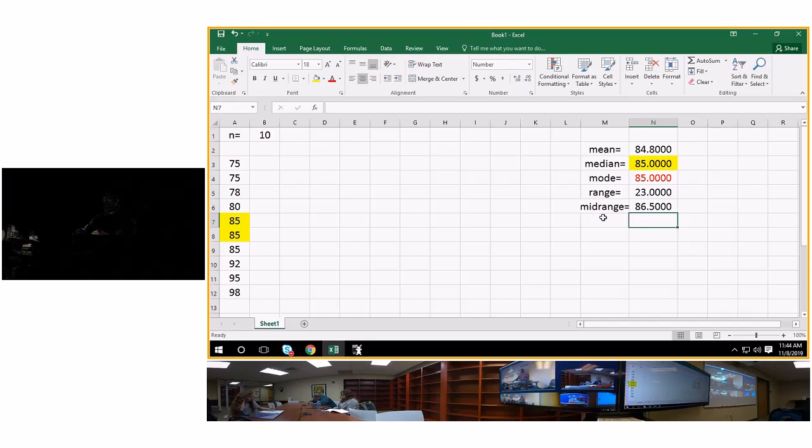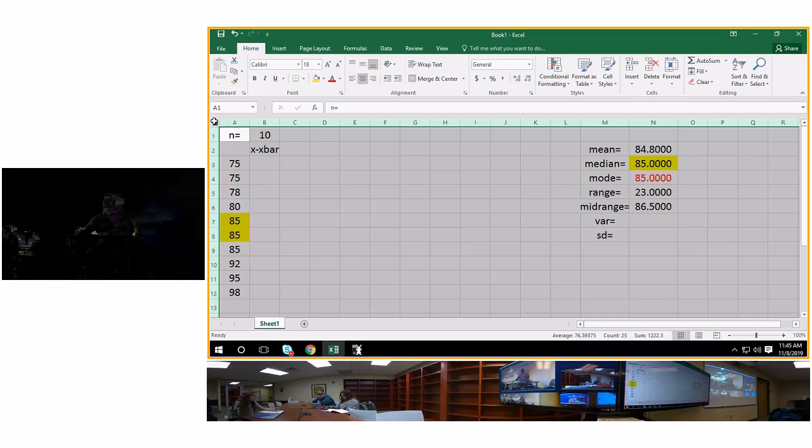And now the variance. You gotta write down your standard deviation formula and read it. Well, first of all, I gotta take x minus x bar. And I'm gonna make sure everything is 4 digits.